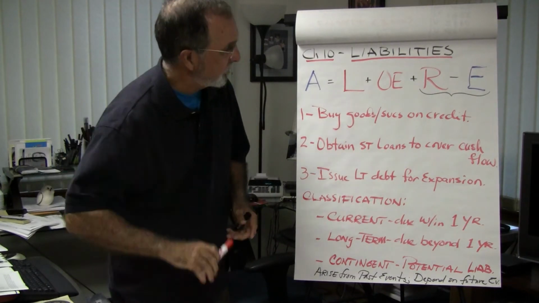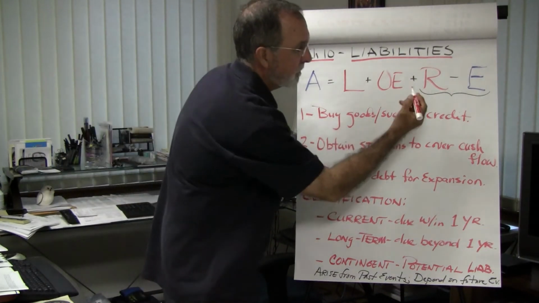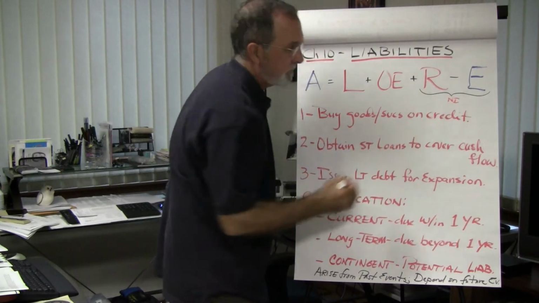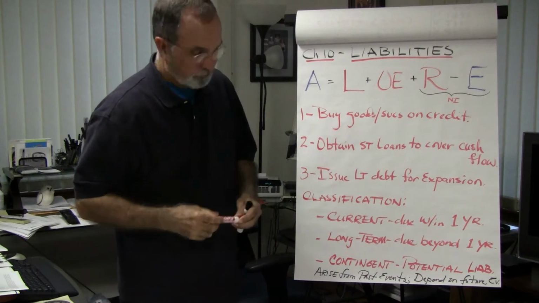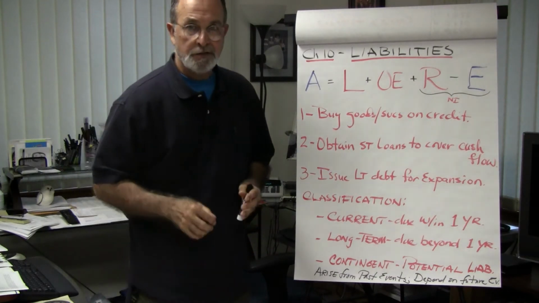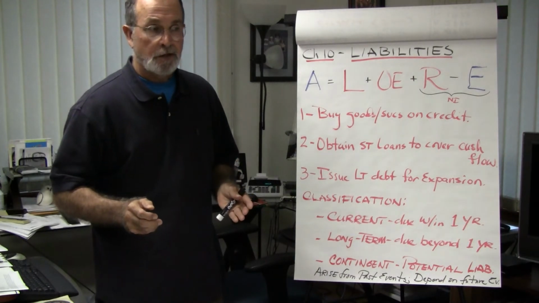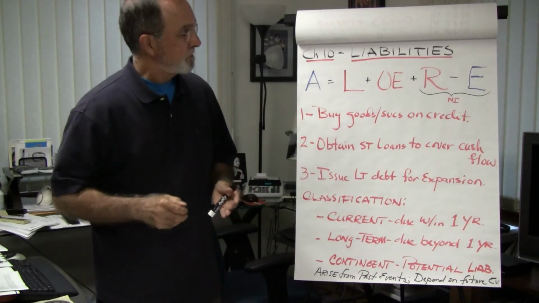So if you think about the income statement, revenues minus expenses provide the business with net income. For any business, that should be the first source of resources to run the business.